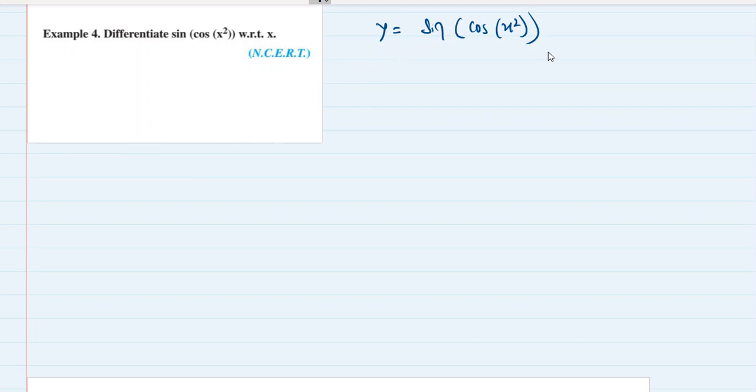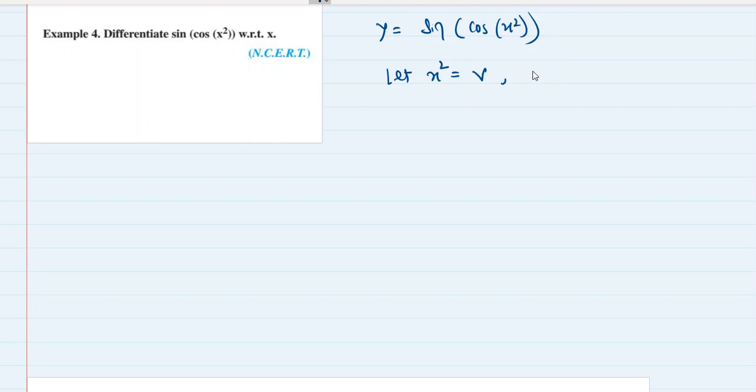Here first I want you to identify which is the innermost function, so let that innermost function be v. Okay, so let x square is equal to v. Then the outer function is cos of x square, and the outermost function is sine of cos of x square, sine of something, so that cos of something is the outer function.